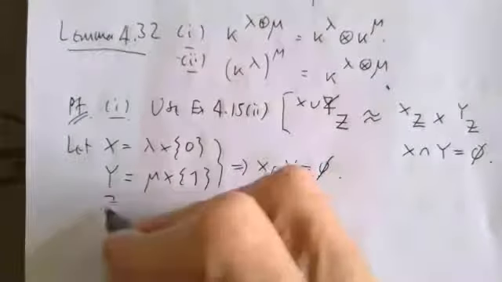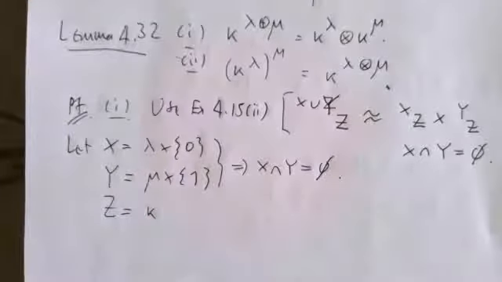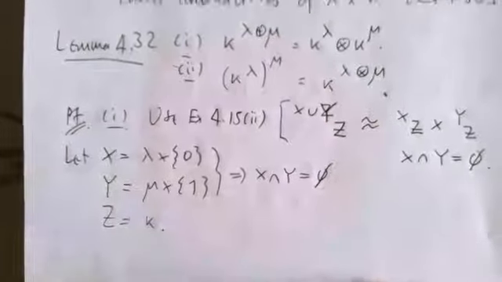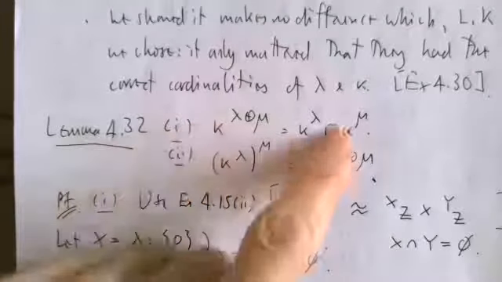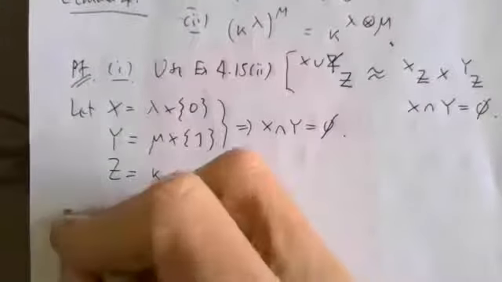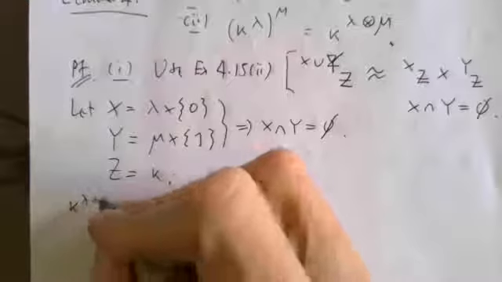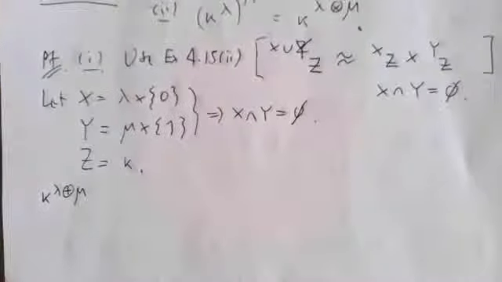And for z, we'll just take kappa itself. So we'll just steam through from this and derive this here: kappa to the lambda plus mu.